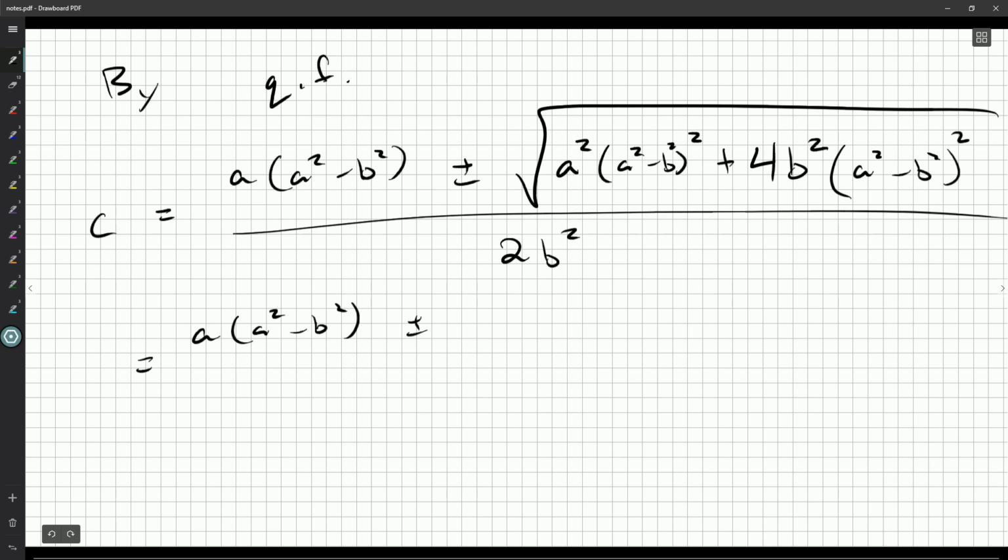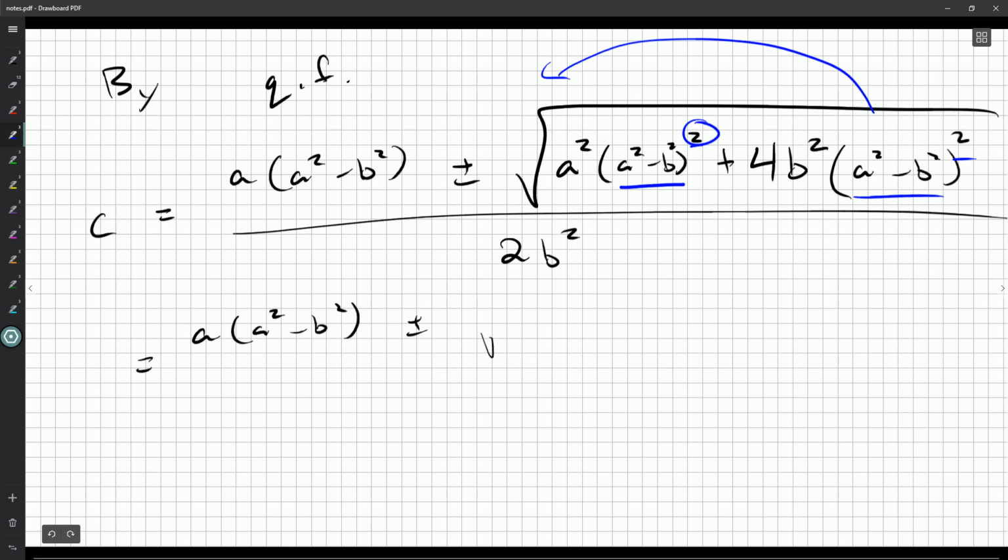Plus or minus. Now, I notice I've got a factor of a squared minus b squared squared and a squared minus b squared squared. So I could group them together. I could also bring them outside the square root sign at the cost of a square. But then the order does matter. If b is bigger than a or a is bigger than b, we're going to have a bit of a problem.